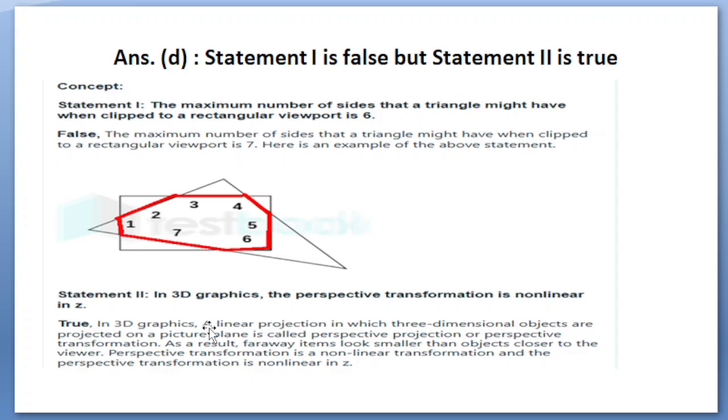Then the second statement mentions that in 3D graphics, the perspective transformation is non-linear in Z. First I will give the explanation of perspective transformation. Perspective transformation means that if you want to draw a 3D object onto a 2D platform, how will the picture look?